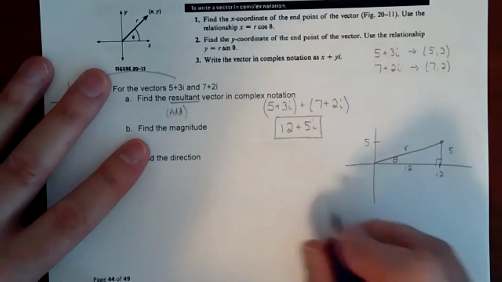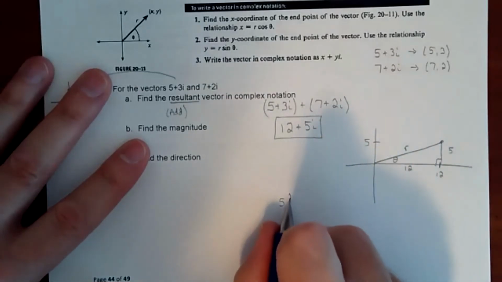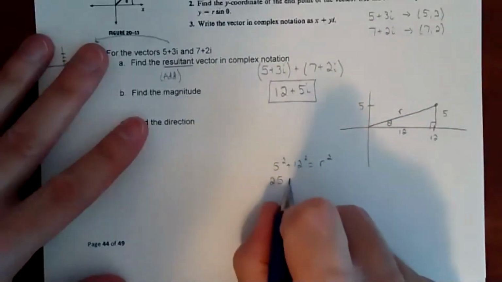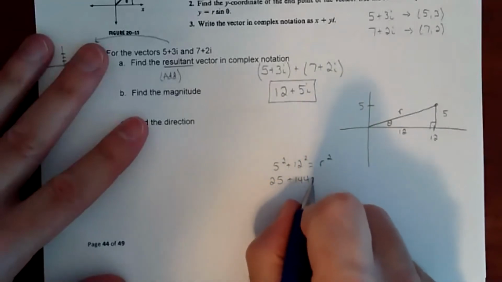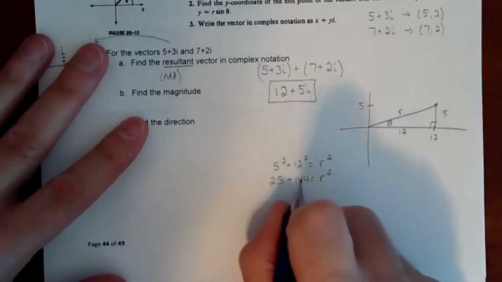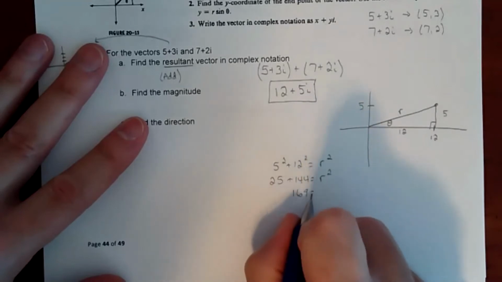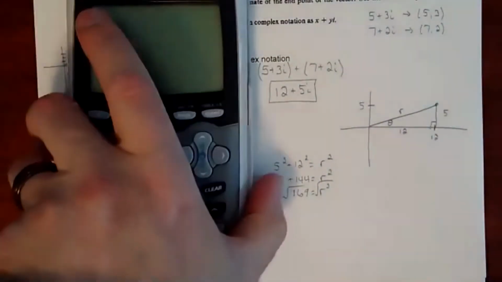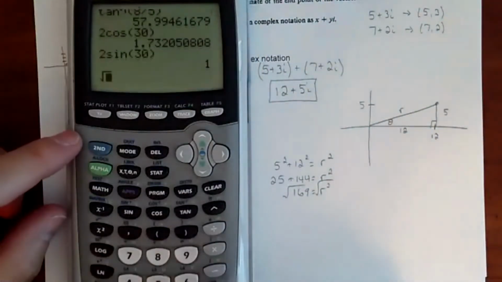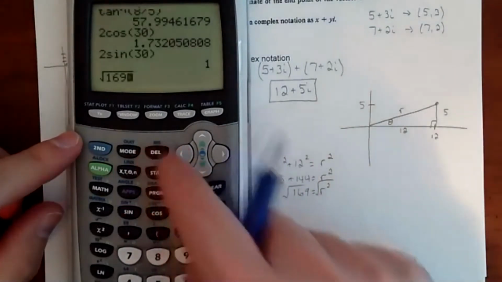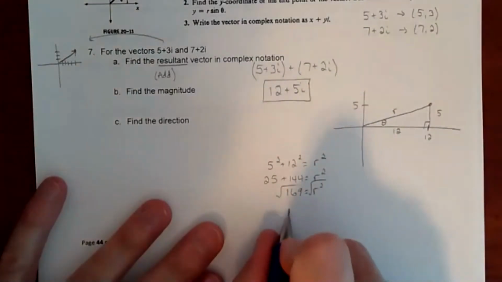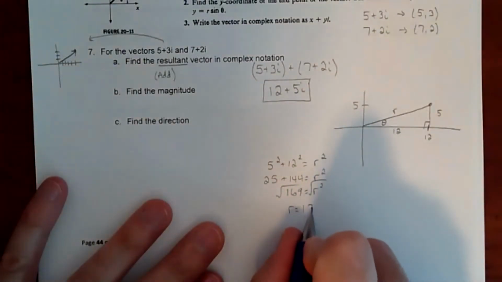We got 5 squared plus 12 squared is going to equal the radius squared. So it's 25 plus 144 equals r squared. So that is 169. Square root of that is 13. So our magnitude is 13.